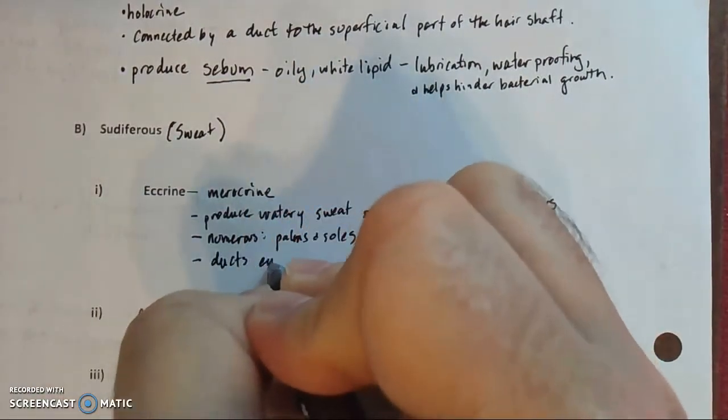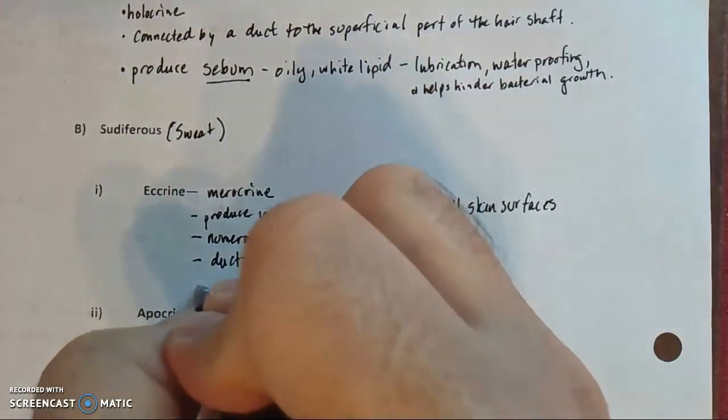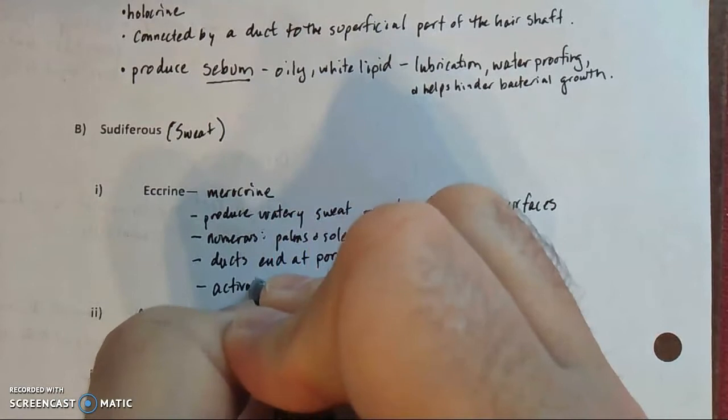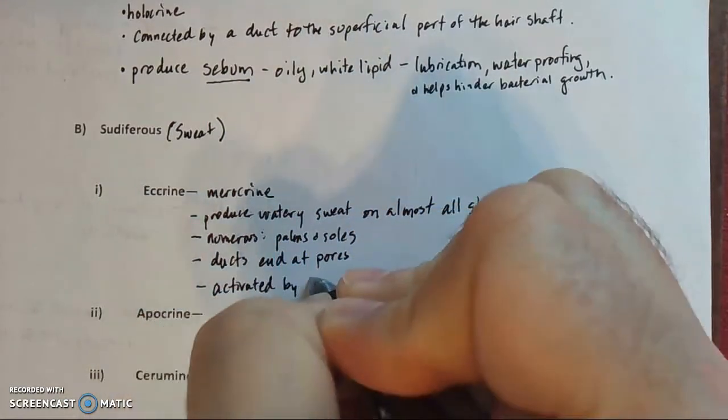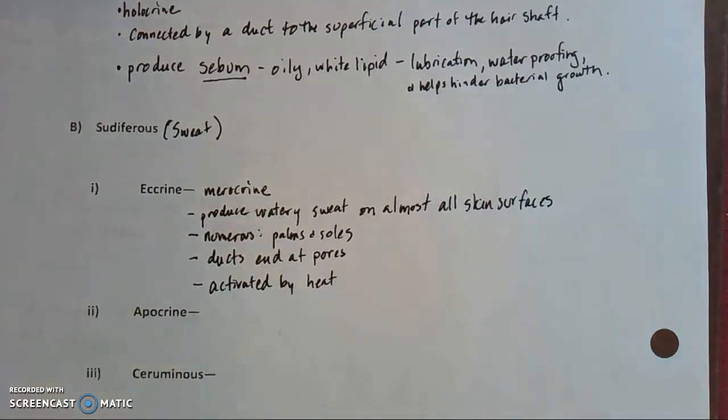Their ducts end at pores on the skin, and they are typically activated by a heat response of your body. So there is a feedback cycle that if your temperature increases, we end up sweating because the sweat, as it evaporates, is going to actually take heat off of your body and cool you down.